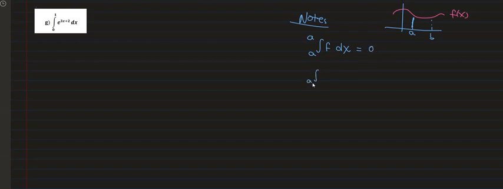Also, if we want to integrate from a to b, and we need to switch these limits, we can do this, yes, but we will add a sign. So this integral is equivalent to the integration from b to a, but the negative, from b to a to the same f dx.